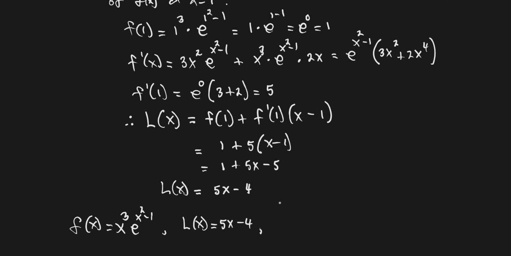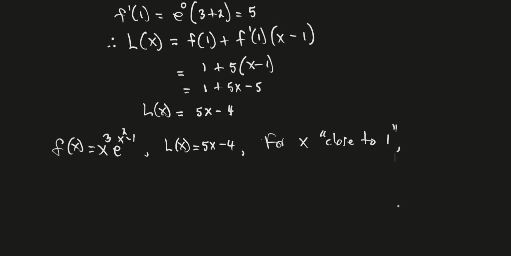And what the theory says is that when x is close to 1, this function, x cubed e to the x squared minus 1, is approximately equal to 5x minus 4.